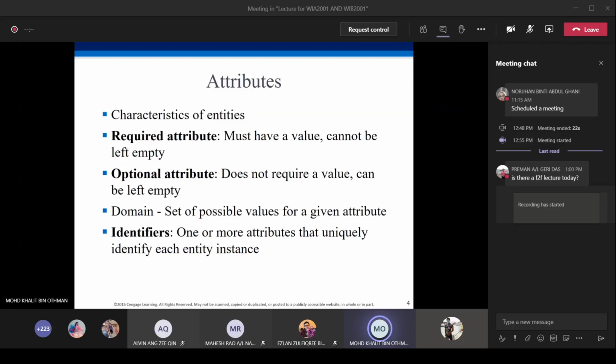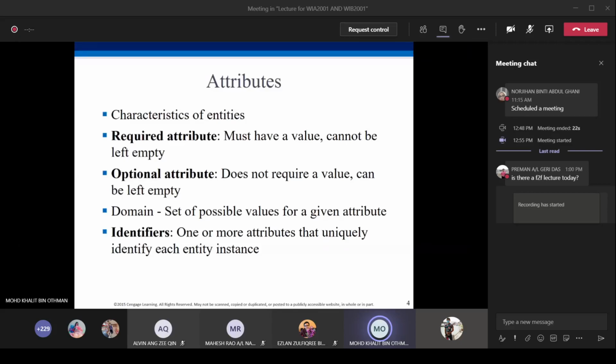First is attribute. What actually is an attribute? An attribute is a characteristic of an entity, where every entity must have attributes. There are several types of attributes that we have. First is the required attribute. What is a required attribute? A required attribute is an attribute that must have a value, in other words, it cannot be left empty.